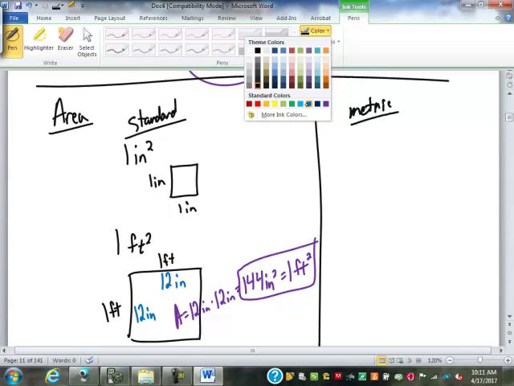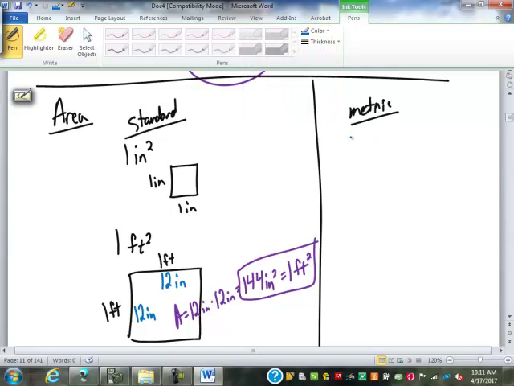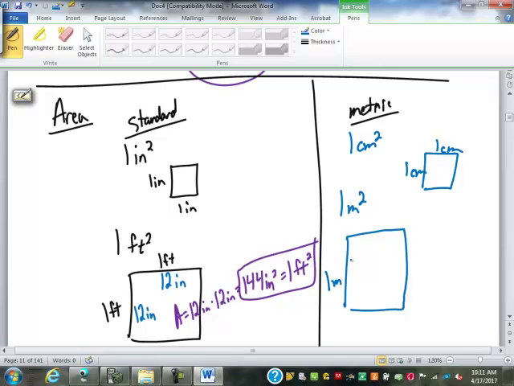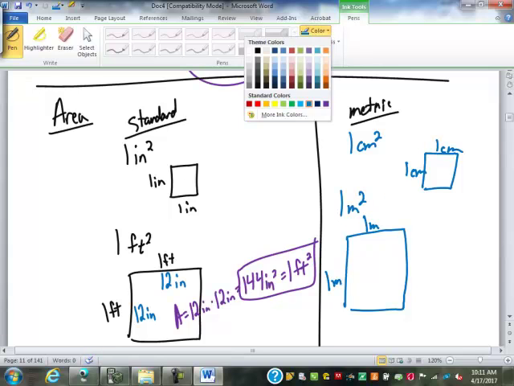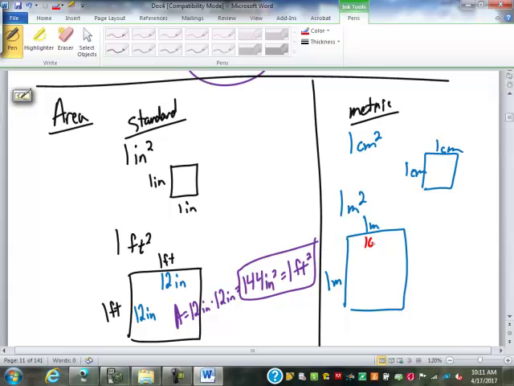In the metric system, we might talk about a square centimeter. 1 square centimeter is 1 centimeter by 1 centimeter. Or 1 square meter. Again, not drawn to scale. 1 meter by 1 meter. But of course, a meter has 100 centimeters in it, right? So that's 100 by 100 centimeters.